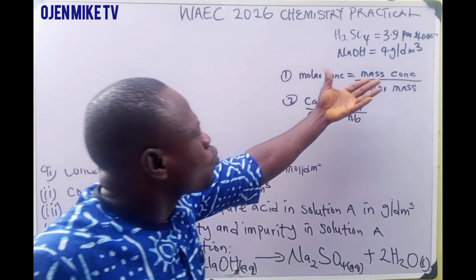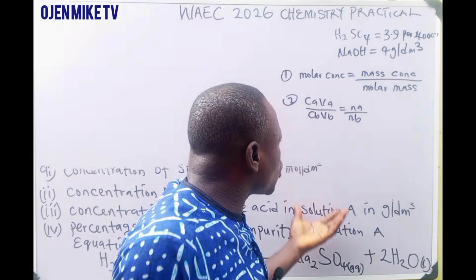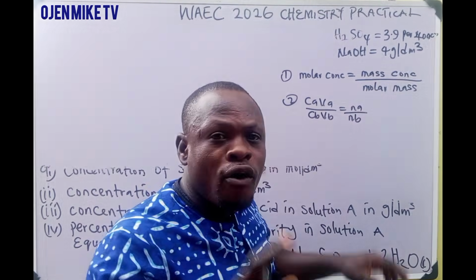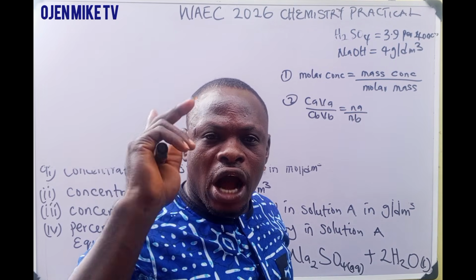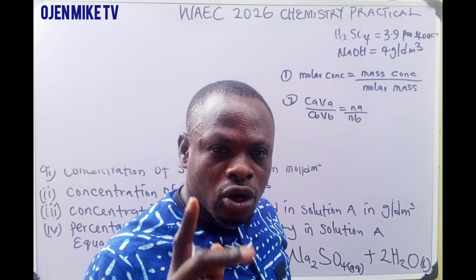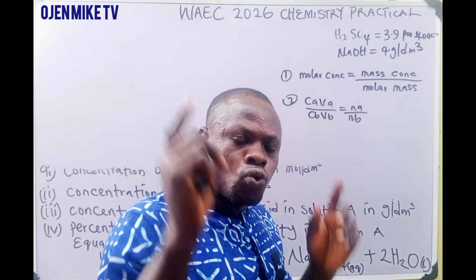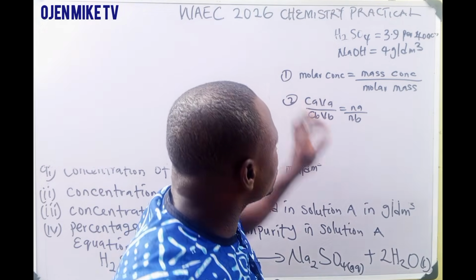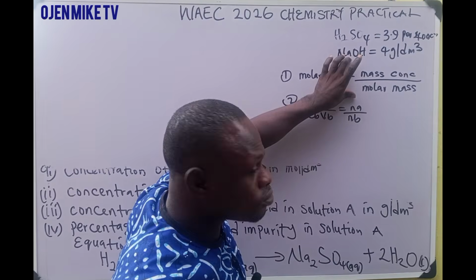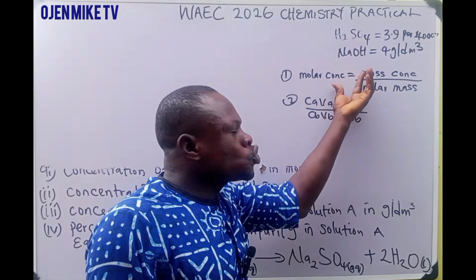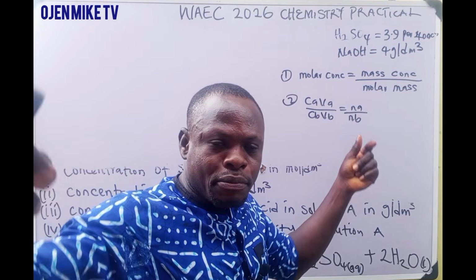So which formula can we use to calculate the molar concentration? And remember, you cannot use one formula to calculate the two concentrations in moles per dm cubed. You use one to calculate either A or B, and use the other to calculate the other one. So in this case now, we are going to use this one. Now, using this one is not a choice. You have to determine.